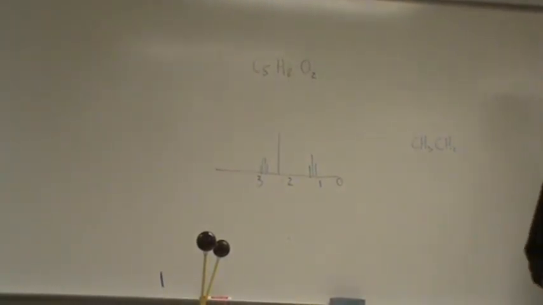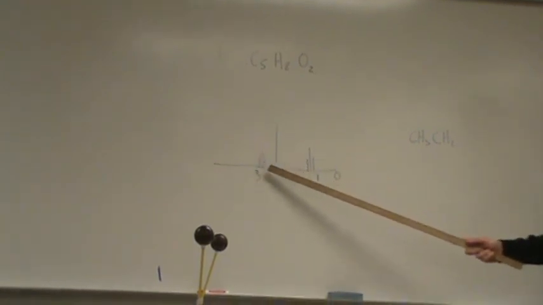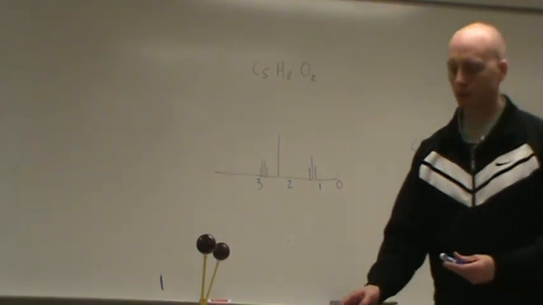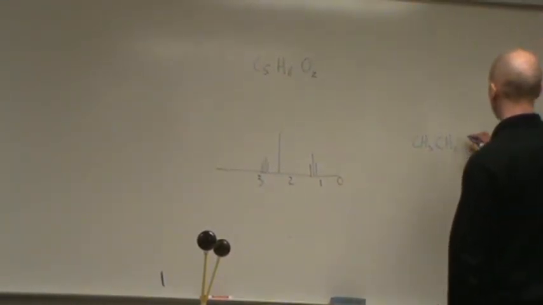That's a good signature pattern once again. If I see a triplet and a quartet, you can pretty much take it to the bank that they're splitting each other. That's the signature of what? An ethyl group. So I still have that singlet to work with.